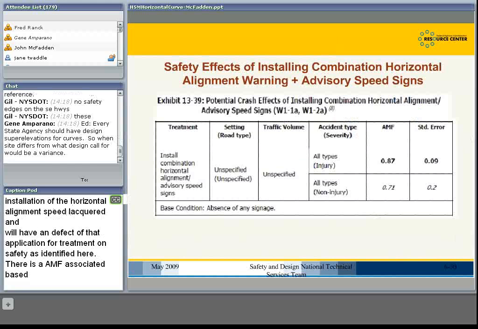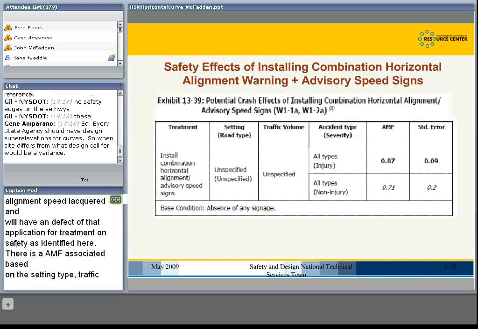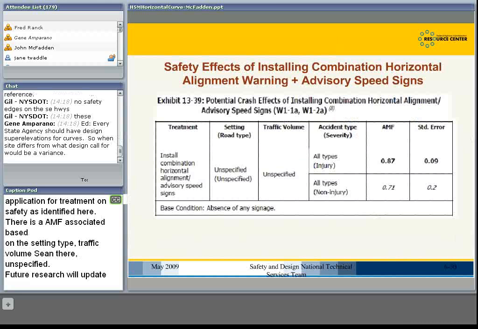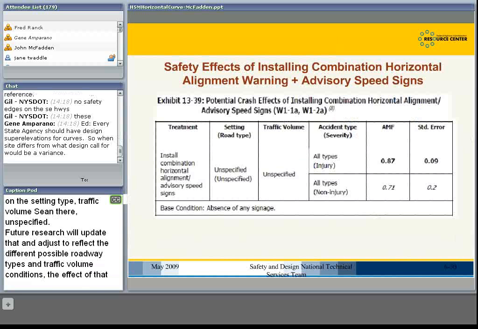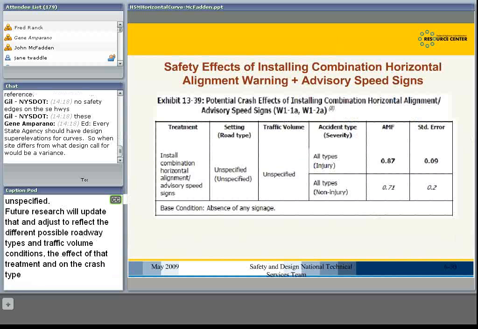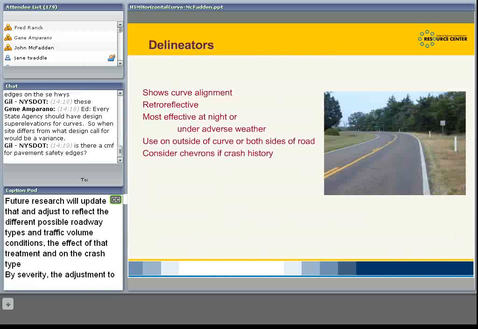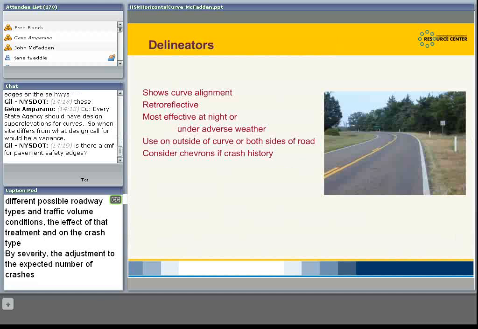What you will also see in Part D of the Highway Safety Manual are specific treatments, in this case the installation of the horizontal alignment speed advisory placard. You will have an effect of that application or treatment on safety, as identified here. There is an AMF associated with that installation of the horizontal alignment speed advisory placard based on the setting type and traffic volume that are shown there.